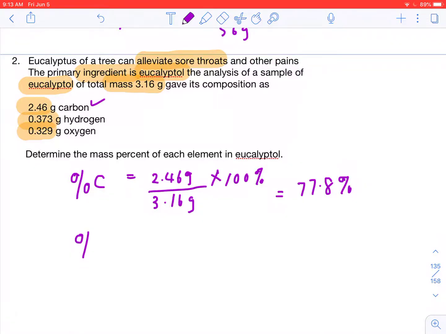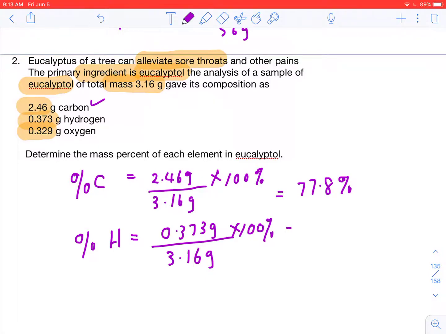And if you want to know now percentage of hydrogen, that would be 0.373 grams upon 3.16 grams times 100%, and that would give us 11.8%.